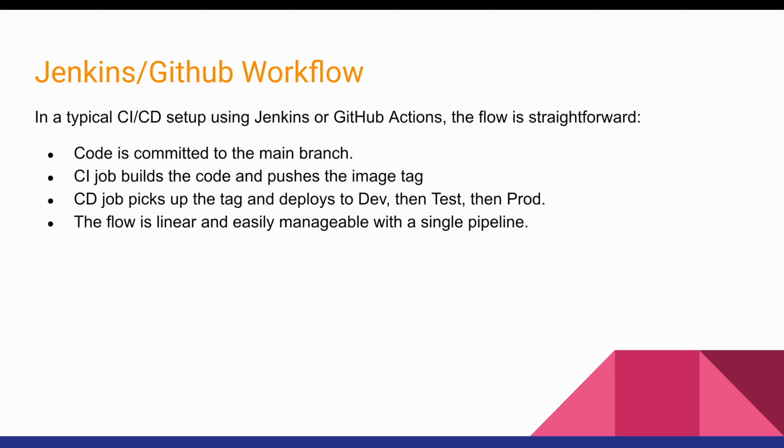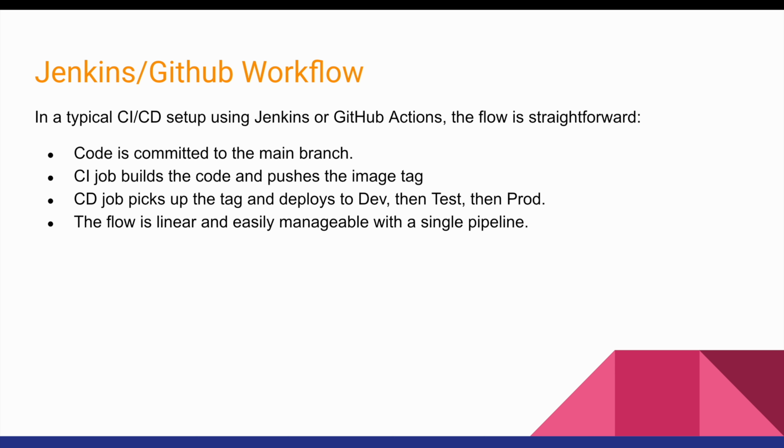The flow is linear and easily manageable with a single pipeline. We really don't need any more customization as such. It just works sequentially. We need to create our workflows and pipelines, but the default functionality works directly without much change.